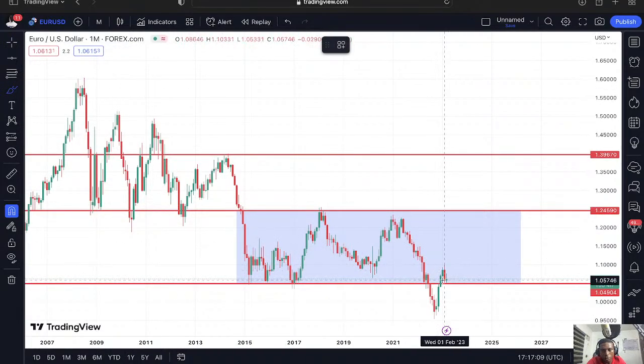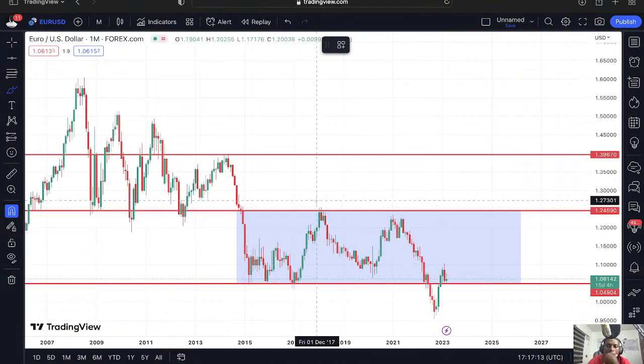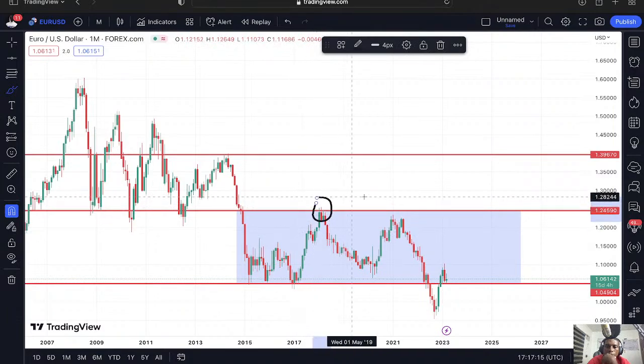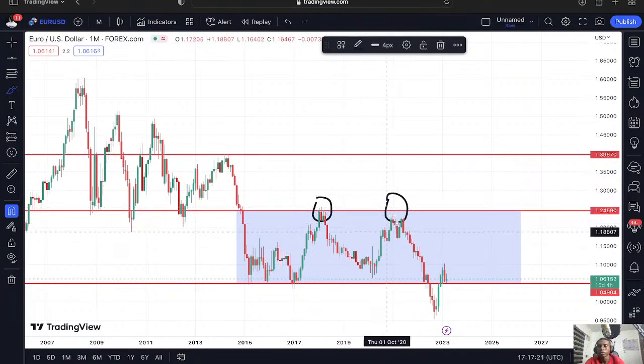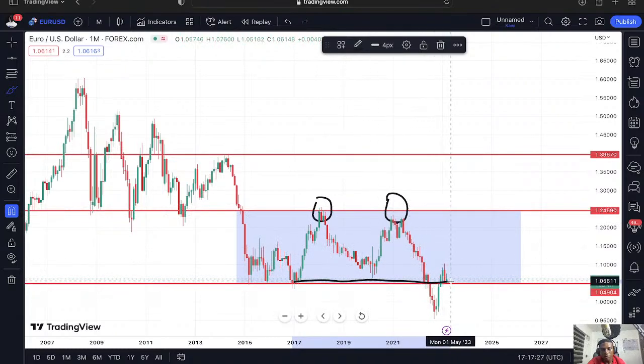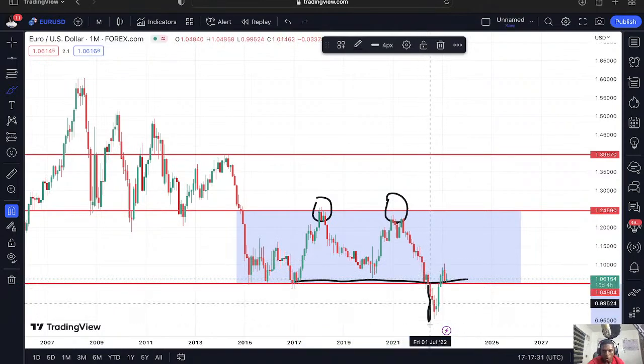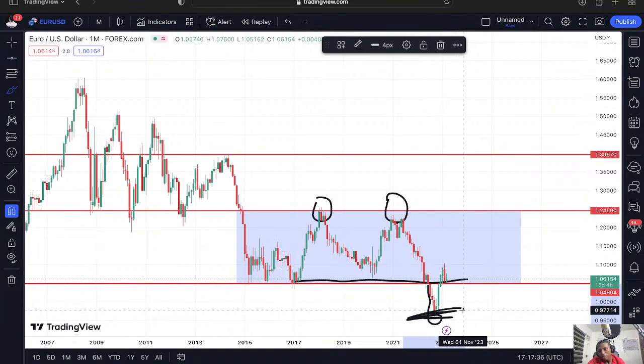Let's connect it: this is the first top, the second top, this and this. What do you expect here? We now know that after seeing a double top, definitely it's a bearish momentum, which had already occurred. All things being equal, now we see price rising back up.